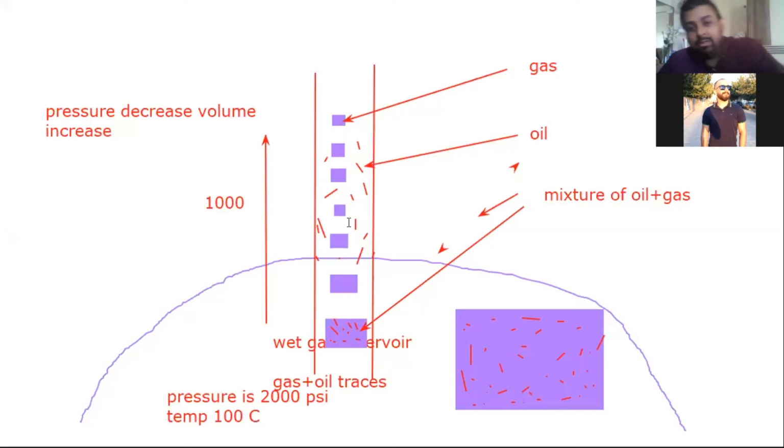Now volume is different inside the well. This reduction in volume from the reservoir to the surface, we call it the formation volume factor, which relates the reservoir volume with the surface volume. Of course, it changes after the bubble point, when the first bubble comes out, or the dew point, when the first drop of dew comes out.